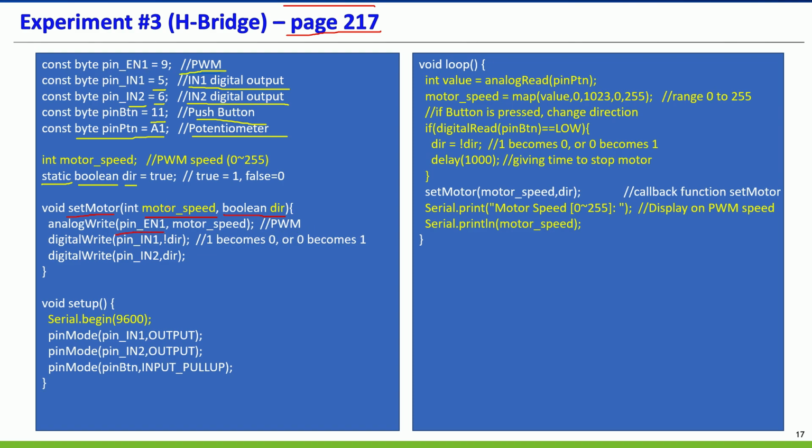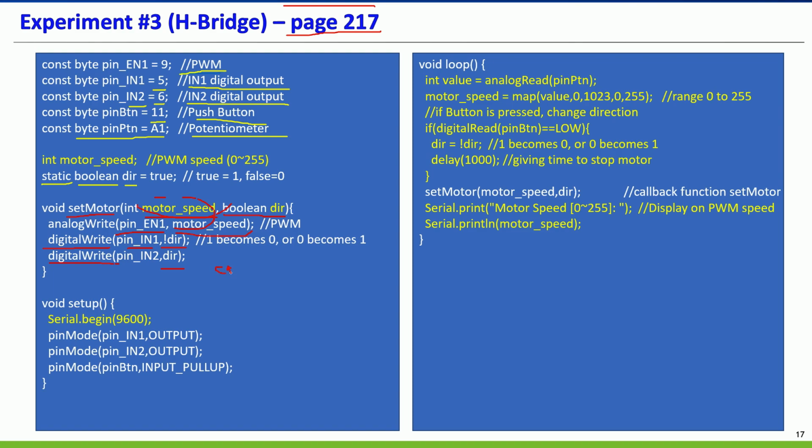The enable pin is pin 9, and whatever value you give it, the motor speed from 0 to 255, goes to analogWrite. Then here is just the definition of direction, clockwise or counterclockwise. In this case, because it's output, pin 5 and pin 6 are the definition of 0 or 1, vice versa.